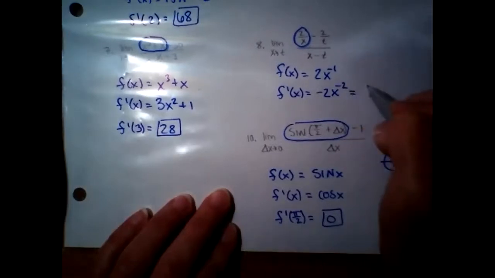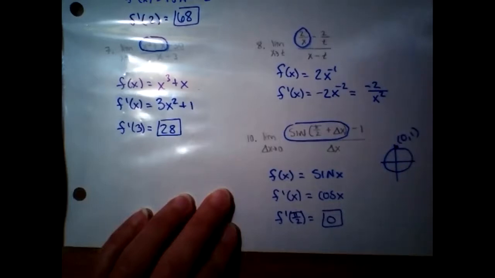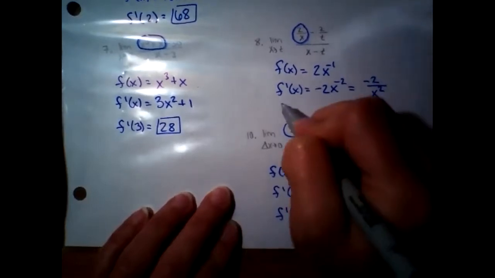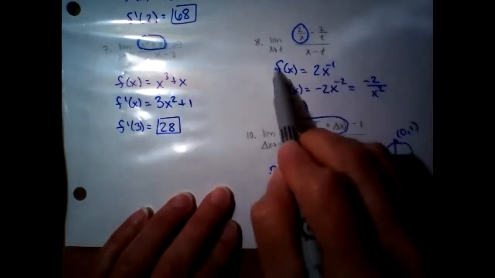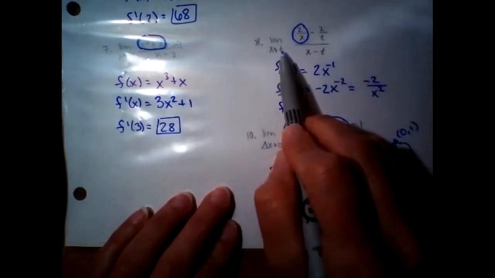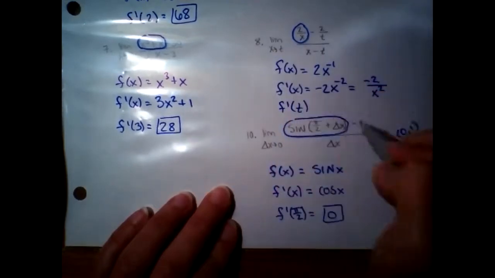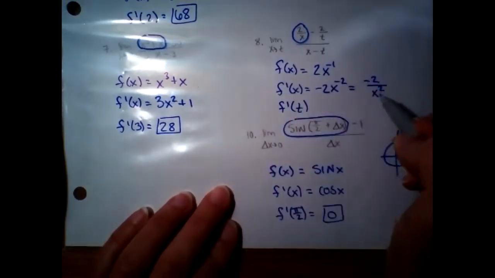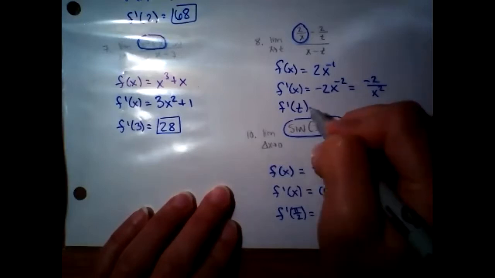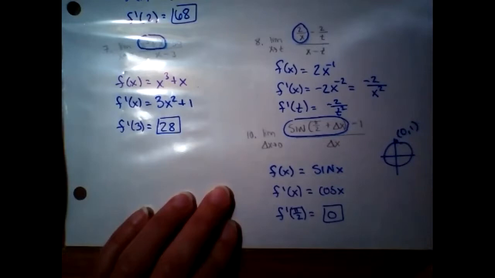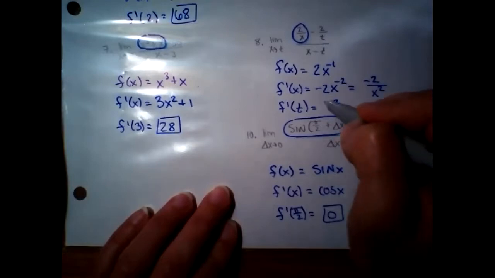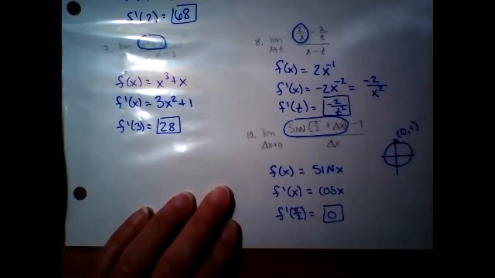And then I can rewrite this as negative 2 over x squared. That's all your fun with negative exponents. And then for this one, we're going to plug in. Weirdly, they didn't give us a number. They just said t, plug in t. Okay, so if you plug in t for x, it's going to literally be that exact same thing except a t instead of an x. So negative 2 over t squared. But that was just good to do another example with the negative exponents.